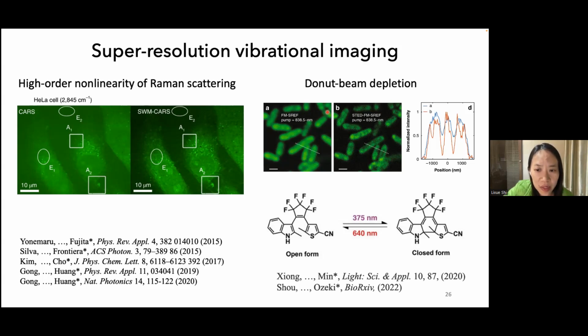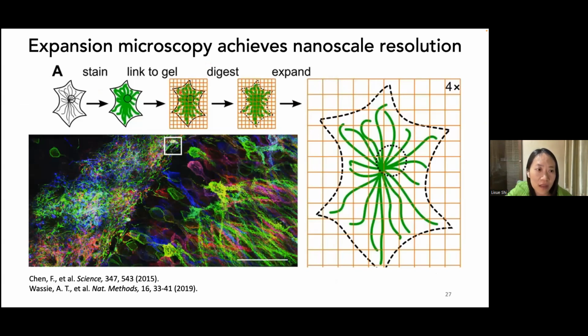But despite extensive efforts along this direction, usually sophisticated instrumentation is required, and only very moderate resolution improvement, typically less than twofold, has been achieved. Therefore, the utilization of these techniques in biological specimens is very limited. Over the last half decade, a sample-oriented technique known as expansion microscopy has emerged as a non-optical means of super-resolution.